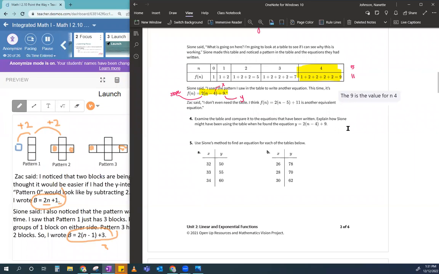Our equation's going to look like y equals something, and then x minus something plus something. So I need you to fill in my somethings for this one and for this one. And I will tell you, if we all showed our equations to each other, they might all be different and they will all be equivalent.